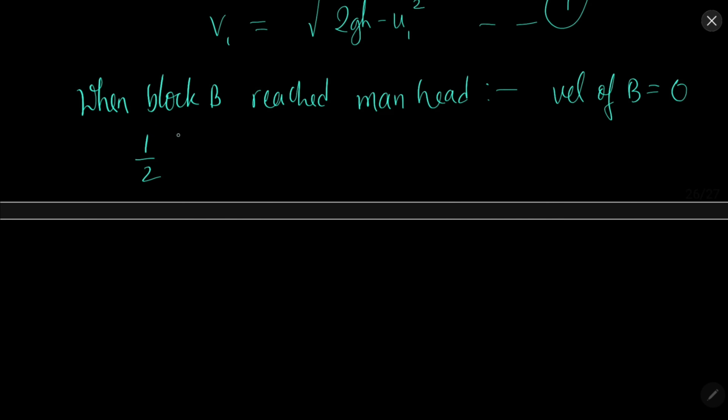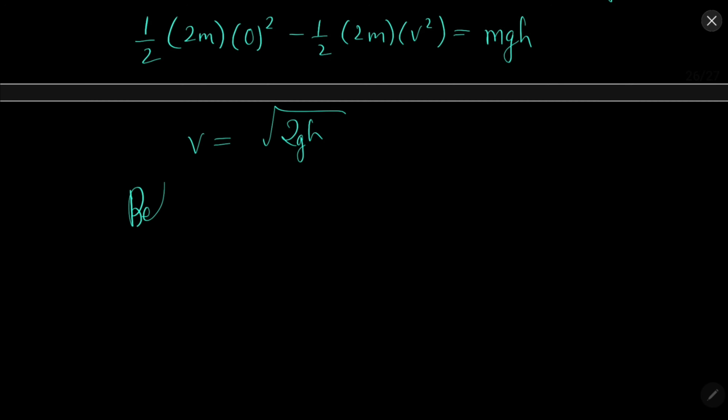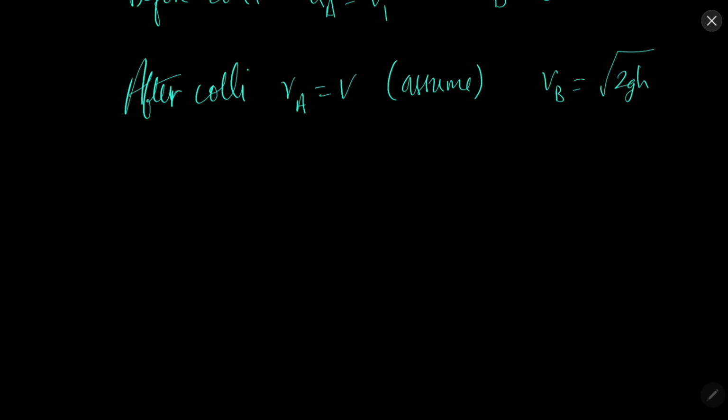So for that scenario, from here V will become root 2gh. So before collision, UA equal to V1, UB equal to 0. After collision, VA equal to V, let's assume, and VB equal to root 2gh.